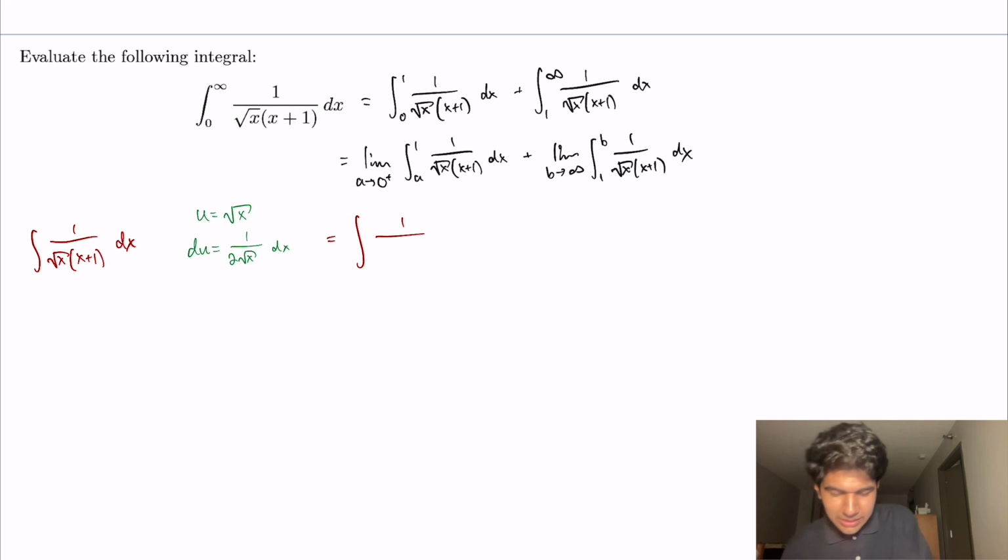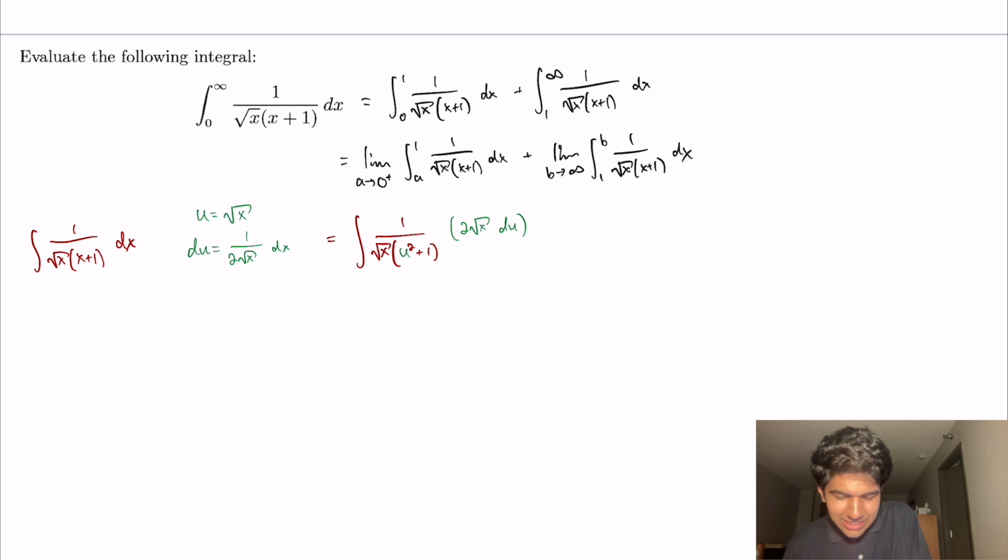We're not going to convert that to a u. So we'll leave that as square root of x. But in the parentheses where we see an x, we're going to replace that with u squared. Right? Because the square root of x squared is x, plus 1, and then dx is now equal to 2 times the square root of x du.